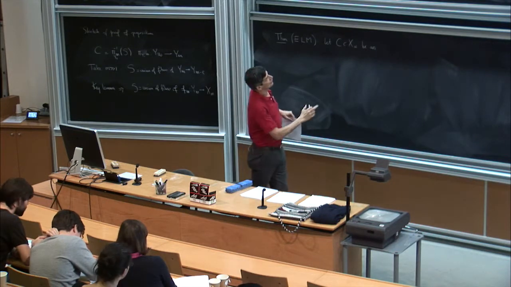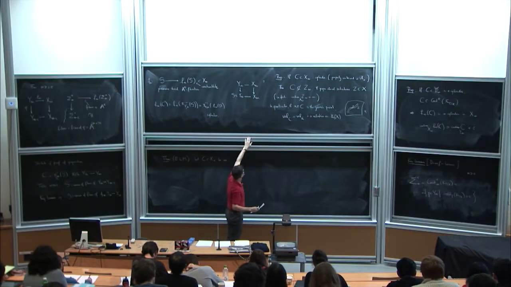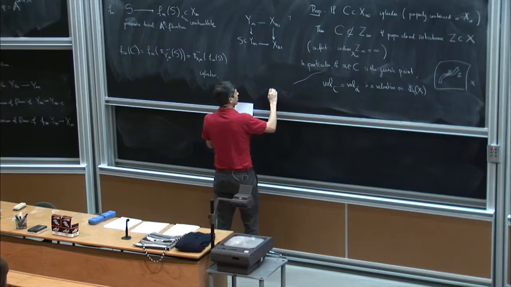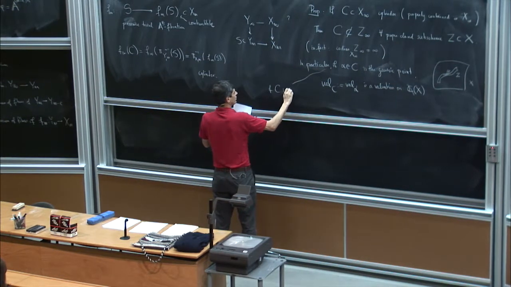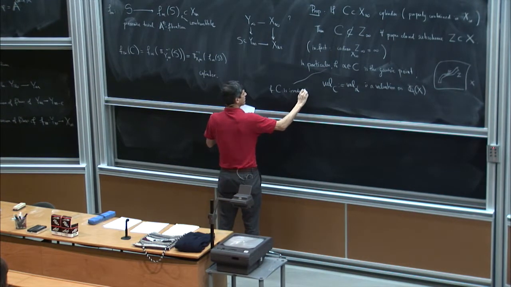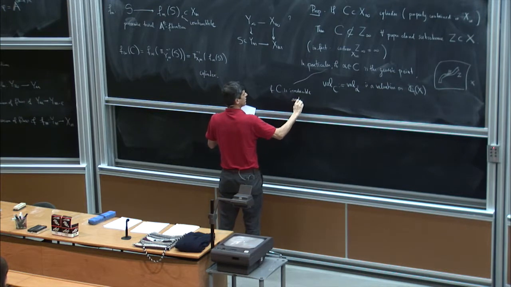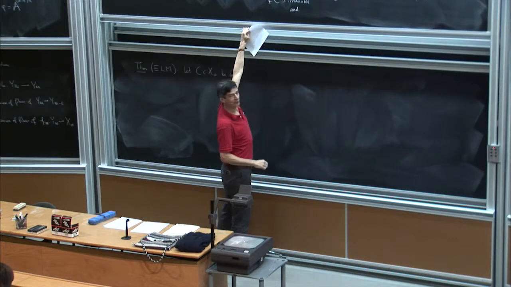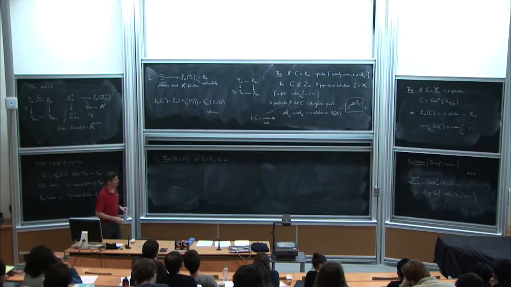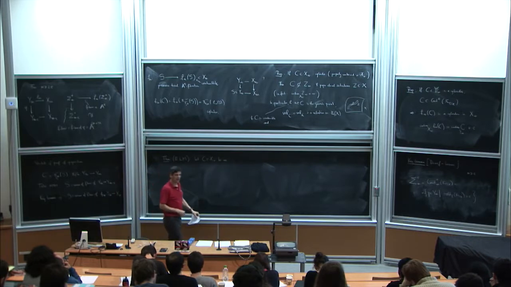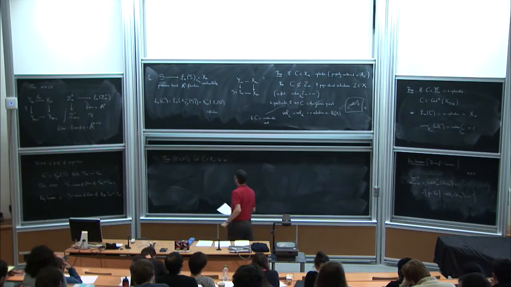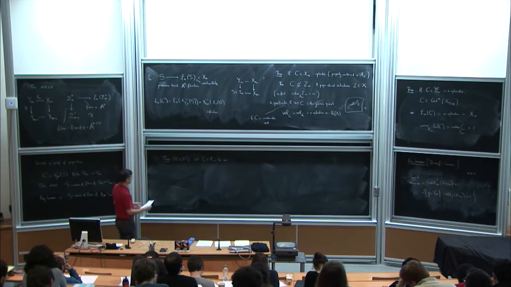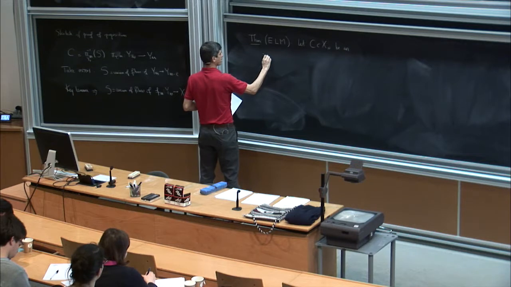Oh yeah, maybe I should have mentioned, in particular, if C is irreducible and alpha is a generic point... Of course, if it's reducible, then there is more than one generic point, so we don't quite get a valuation. But I focus now on irreducible cylinders. So suppose that C is an irreducible cylinder.